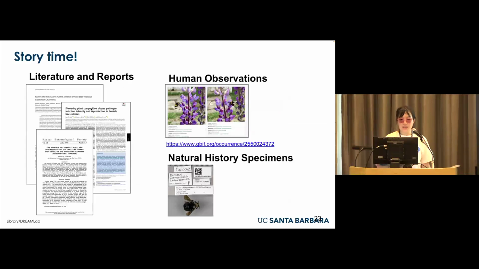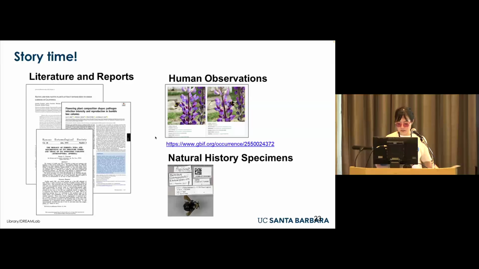So I told you this was a Corona project. We would sit around in a Zoom and start reading literature and reports, and then pull out the interaction data in those papers. So like this Ceratina visited some flower, and then we would pull it out and put it in a Google Sheet. And this went on for like 6 months until we burnt out.